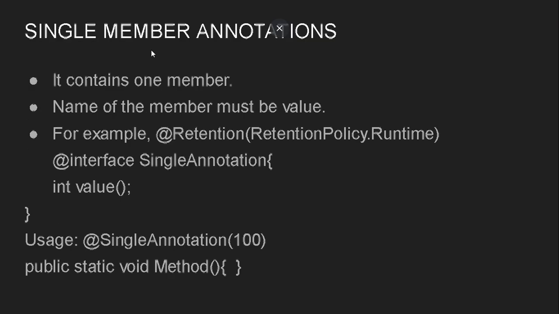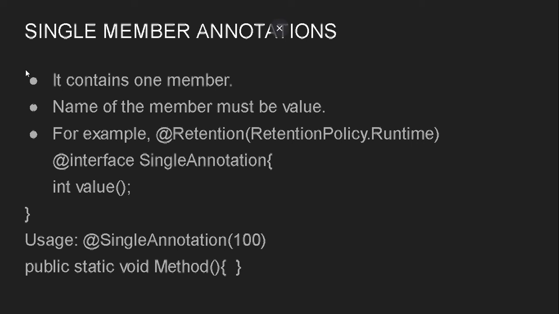Then there is another special kind of annotation which we are going to talk about, and that is known as single member annotation. A single member annotation contains exactly one member. If it contains more than one member, then it is not a single member annotation.